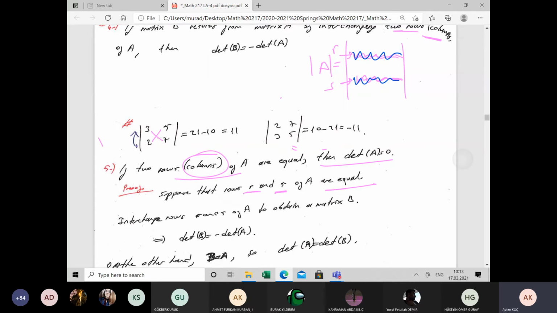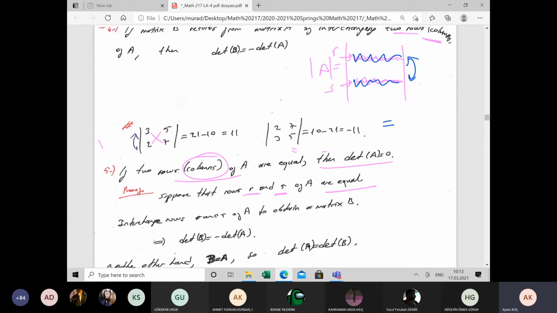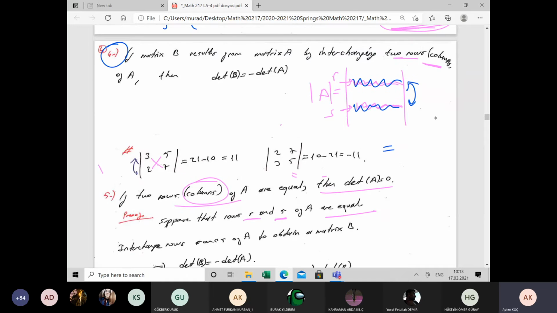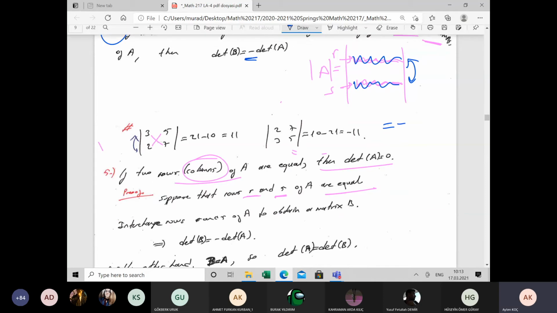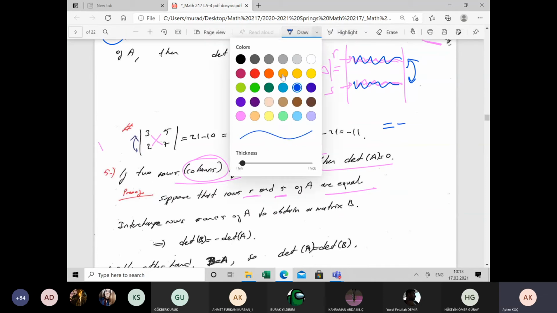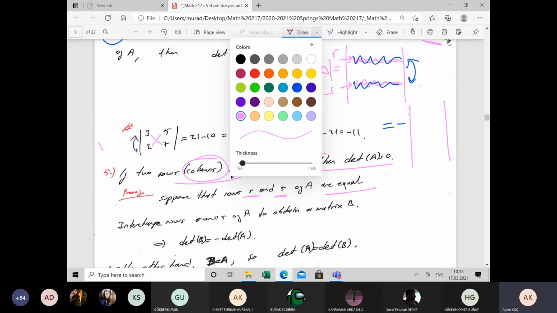Using the previous property, if we interchange rows we obtain the same determinant multiplied by -1. So we get -1 times the determinant, but with rows R and S interchanged.